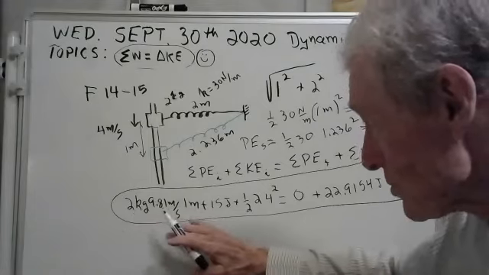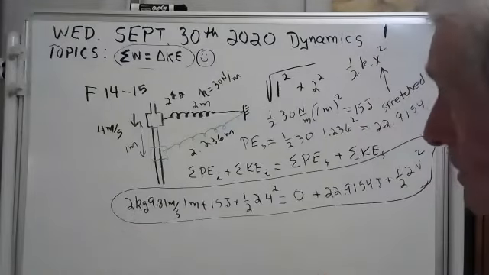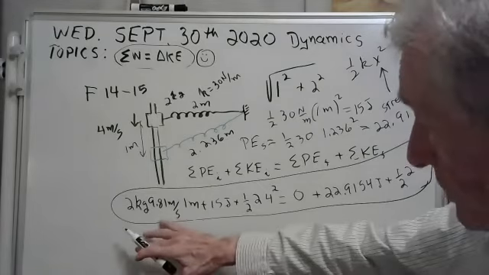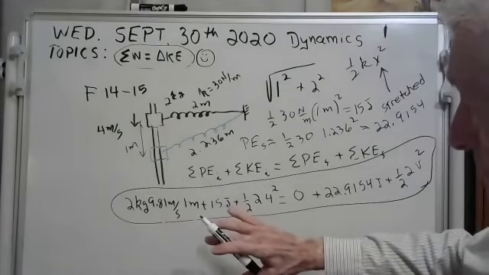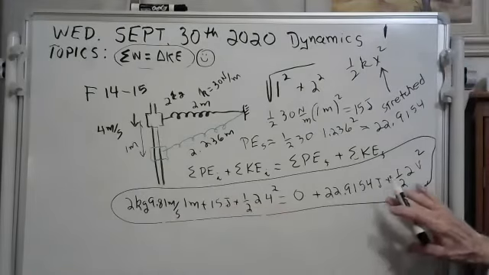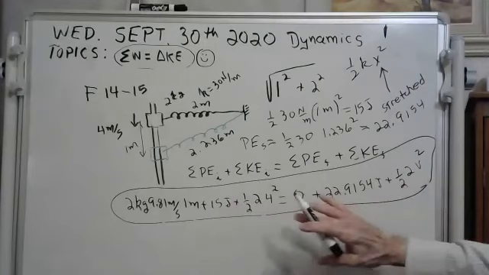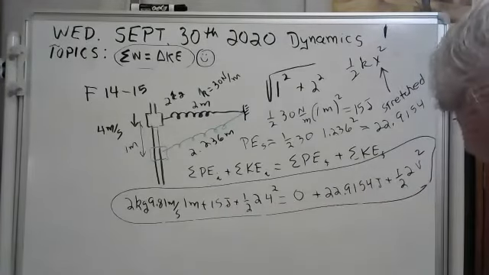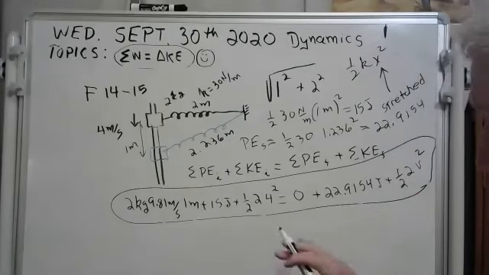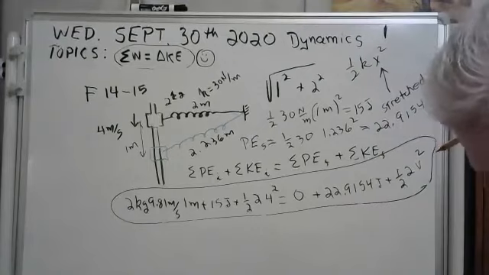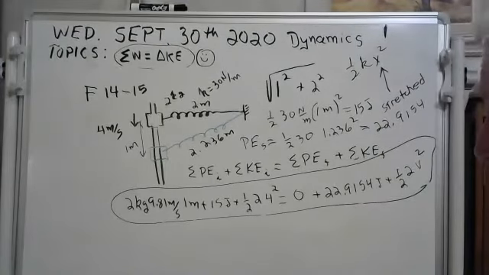These are all the initial values of energies: gravitational, elastic, kinetic. These are all the final energies: gravitational, elastic, kinetic. Okay, you solve that. I'm going to look up the answer in the back and we'll see if we get it. Go for it. Hurry though, because we're out of time.